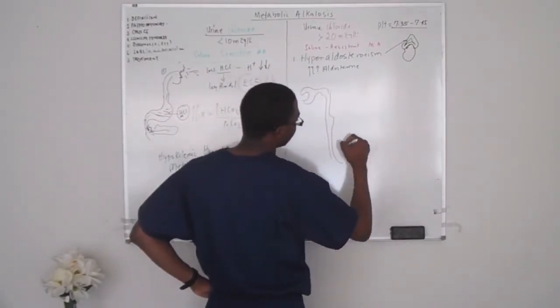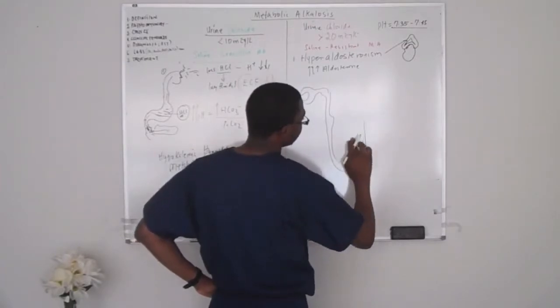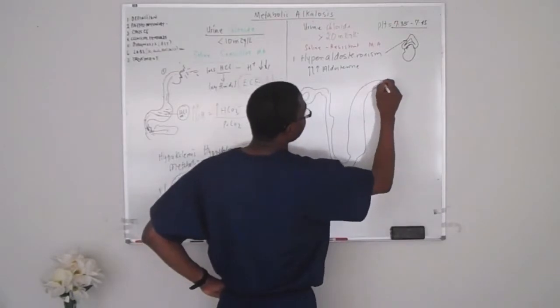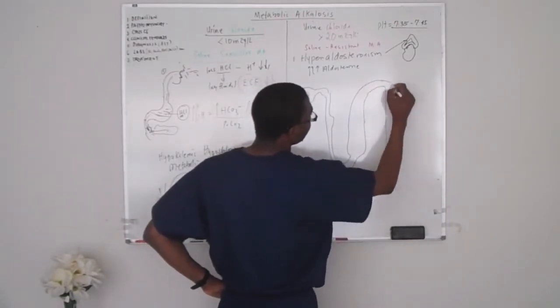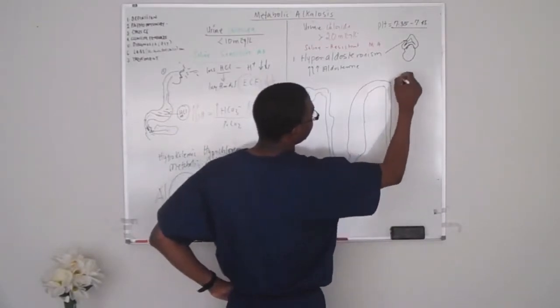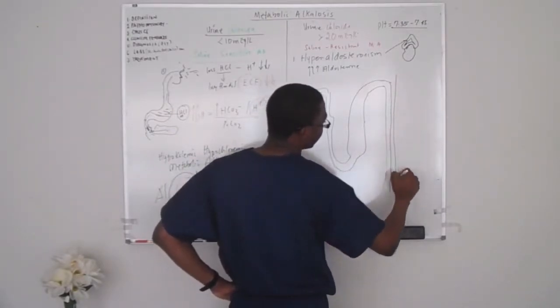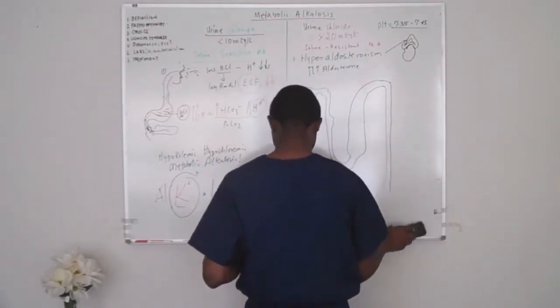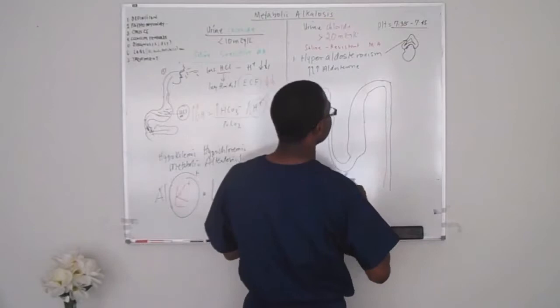And you go into the thick ascending loop of Henle. And eventually you go here, and then you come down to the distal, and you have the collecting duct. And remember, there's a bunch of tubules here. To make it a little bit more colorful, we're going to use some nice color. Let's use pink for the tubules.